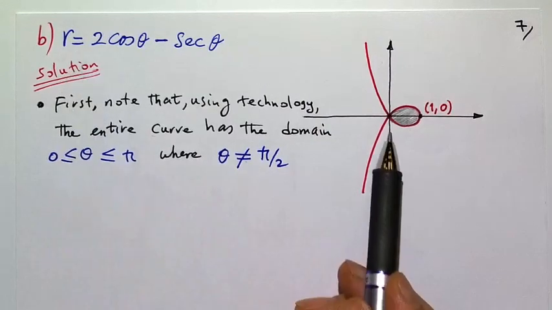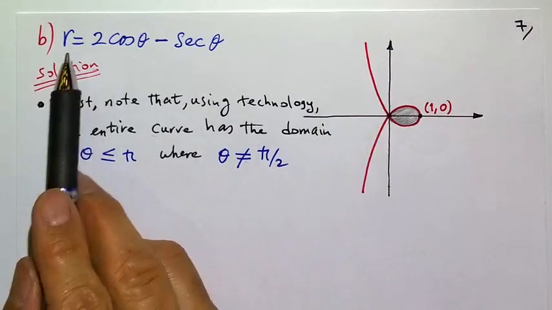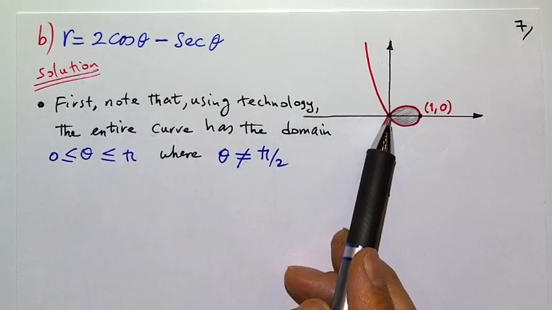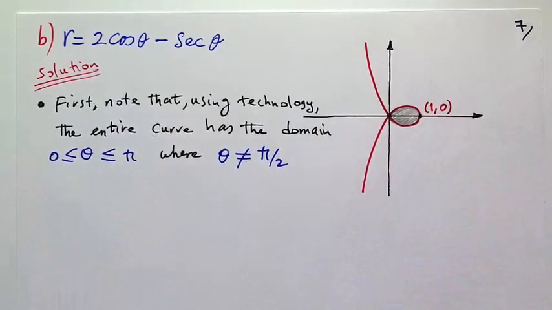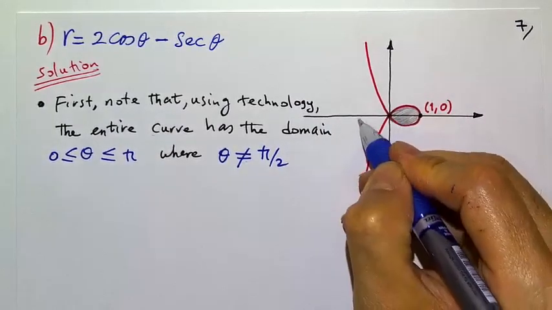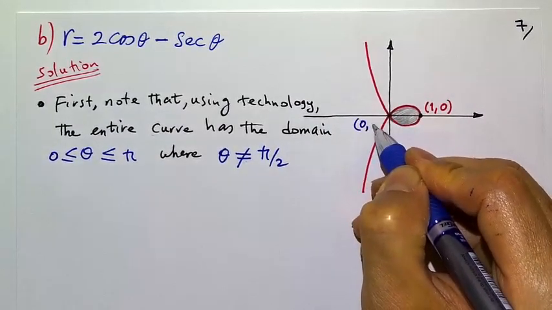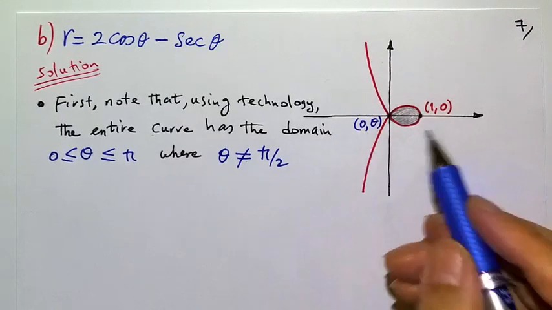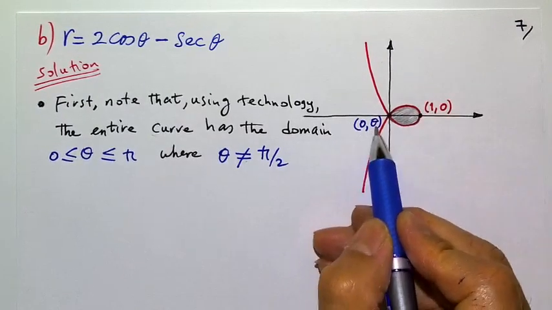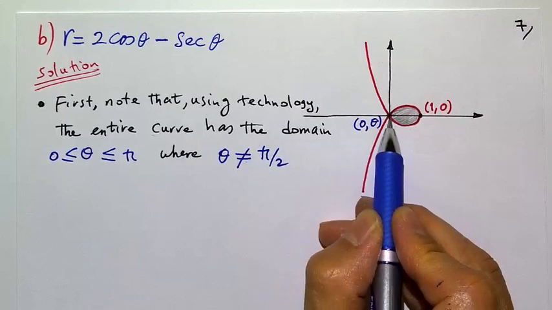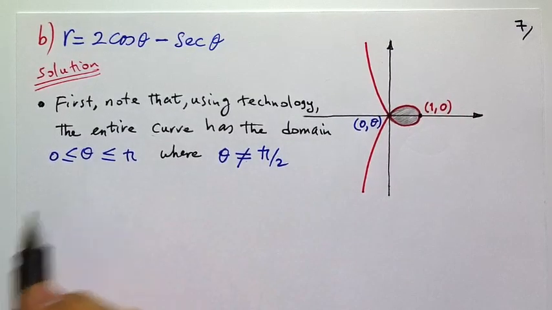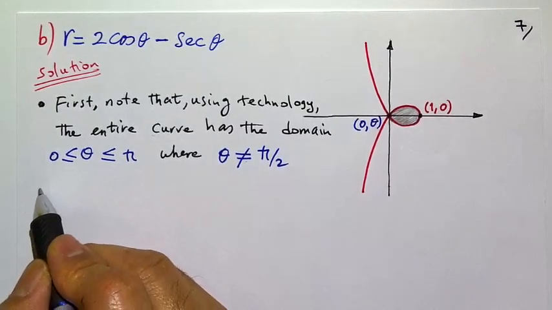We know that at the pole, r is equal to 0, right? Let me give a reminder: the coordinates of the pole are 0, comma theta. Theta can be any angle as long as r is 0. So this is r comma theta. R is equal to 0 at the pole. Okay, so let me write this down.